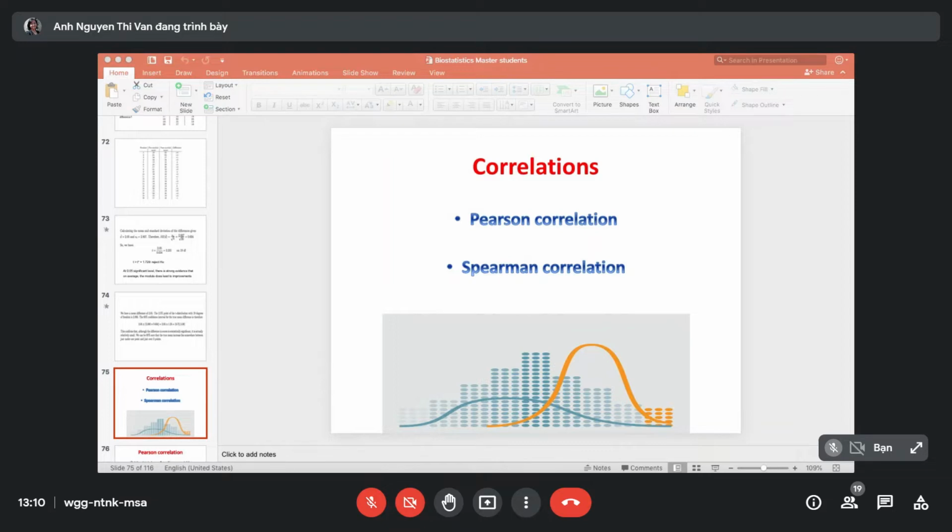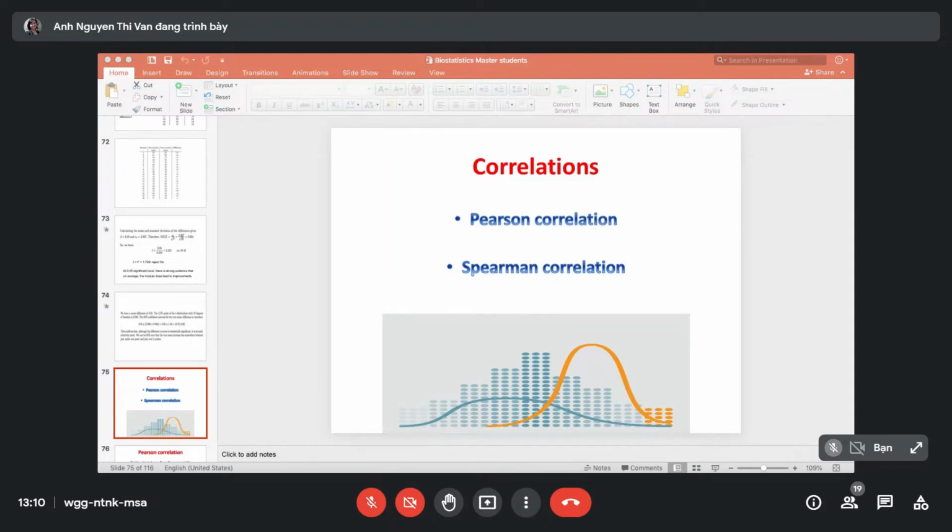When can we say it's a negative correlation? When R is smaller than 0, and positive is when R is bigger than 0.